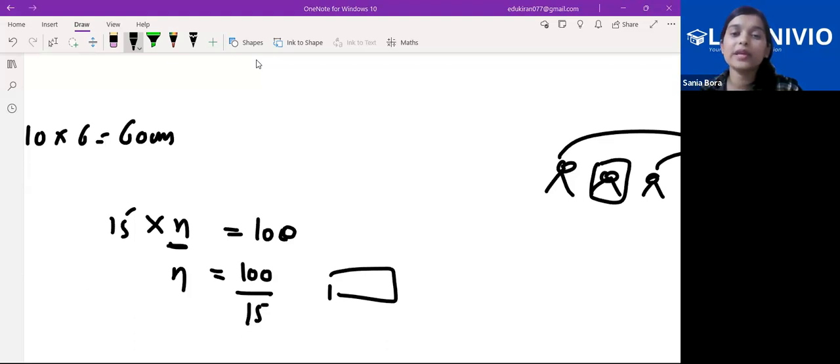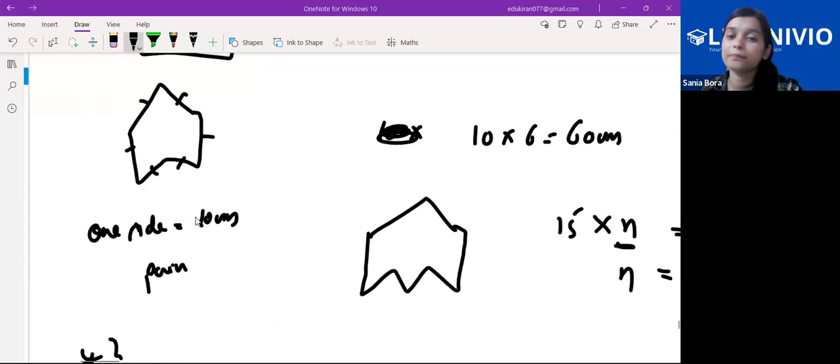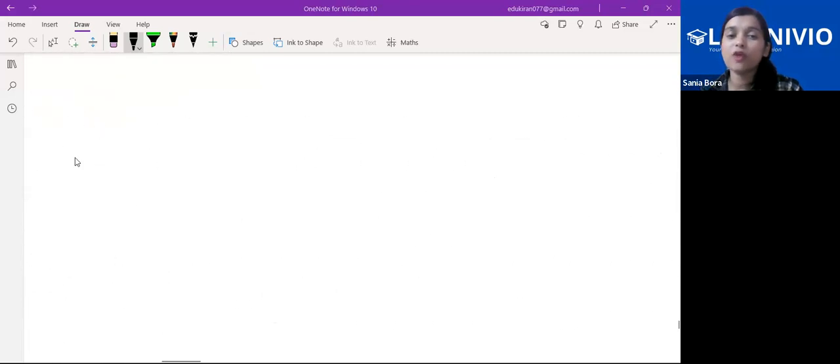Abu Bakar, you are getting it? Ma'am, yes. What should we do after this 100 by 15? Yeah, just divide it by 15 and get the answer. Fine. So there is a formula.